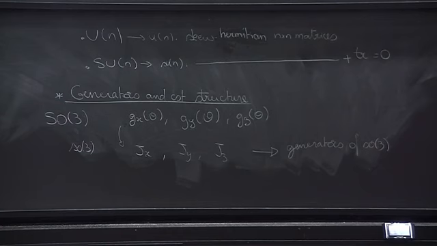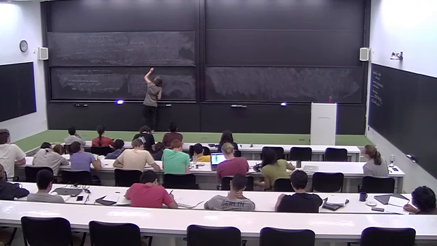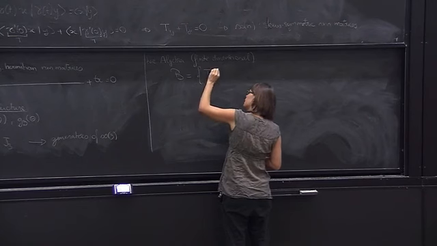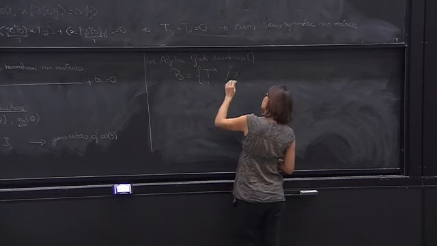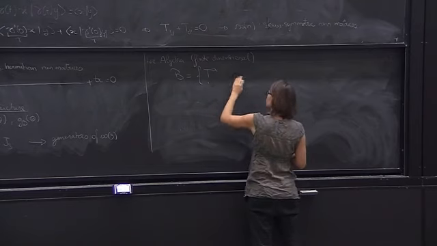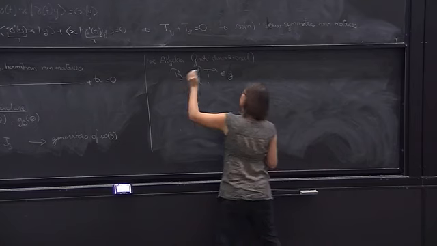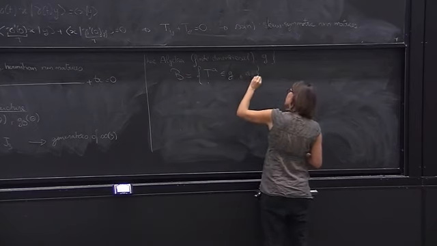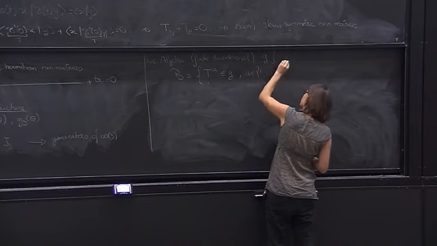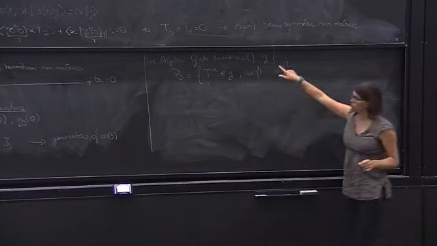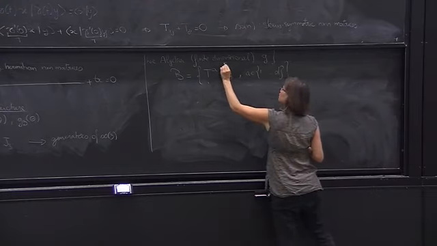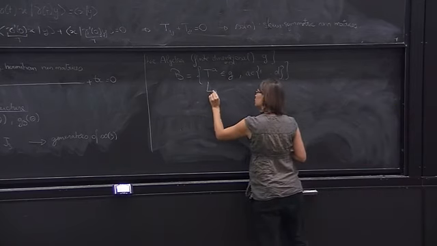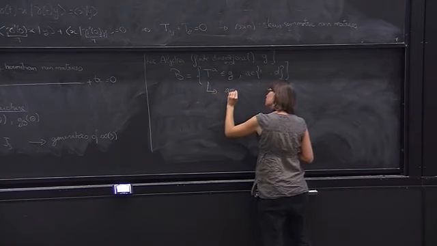You can always define a basis characterized by a set of elements T^A in your Lie algebra, let's call it G, where A is going to take the value from 1 to D, where D is going to be the dimension of your Lie algebra here. And this T^A is what we're going to call the generators. Okay.